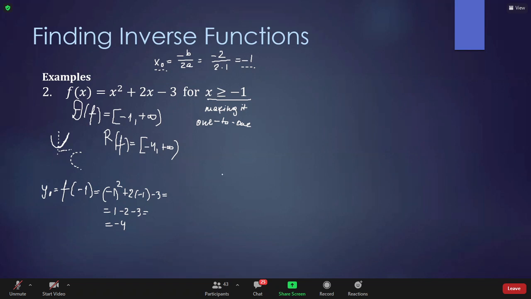And so let's do it. So the first step, exchange. So if we have y equals x squared plus 2x minus 3, then for the inverse function, we have x equals y squared plus 2y minus 3. We completely exchange the two variables.